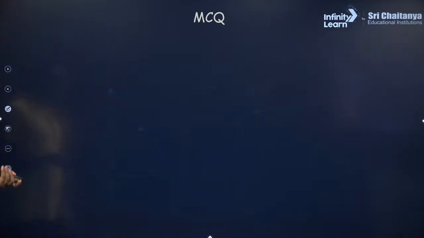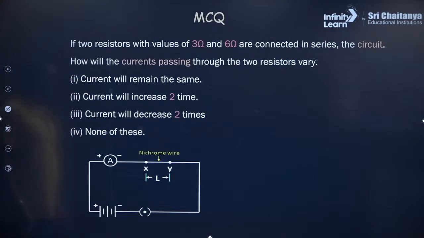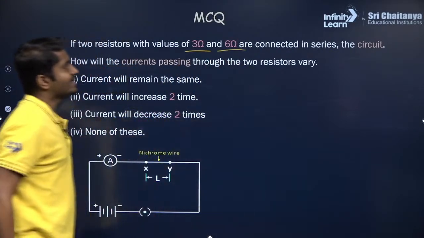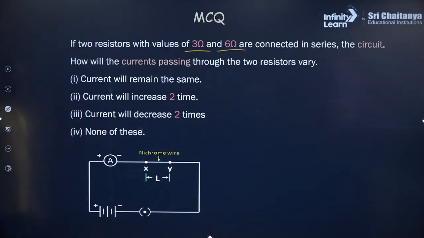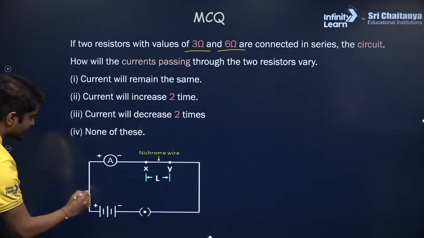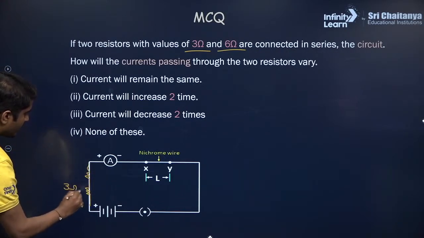All right. Now the second question from the same paragraph, same diagram. So 2 resistors of value 3 ohms and 6 ohms are connected in series to the circuit. For example, here if you connect 2 resistances, there is a 3 ohm and there is 6 ohms.